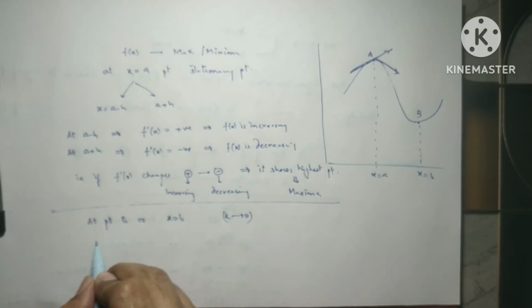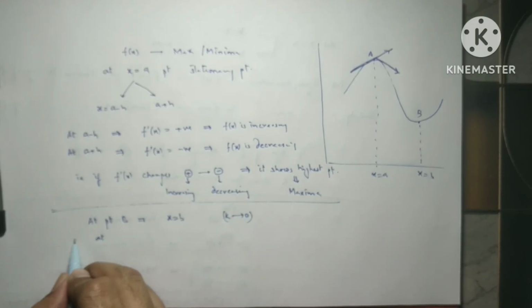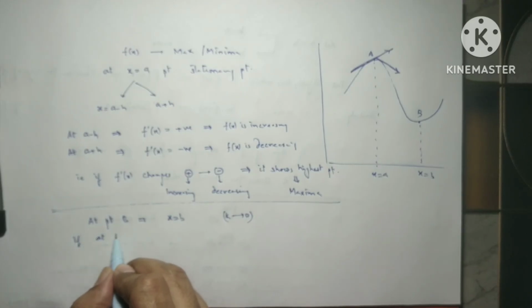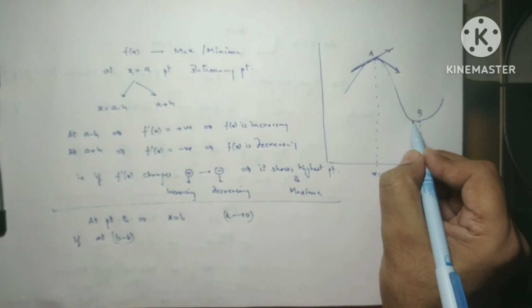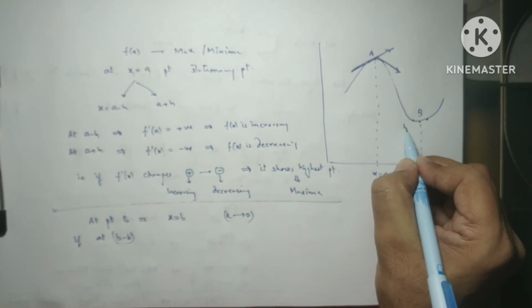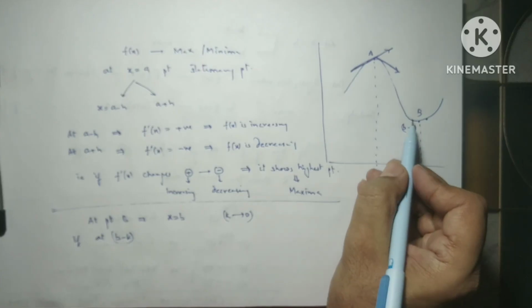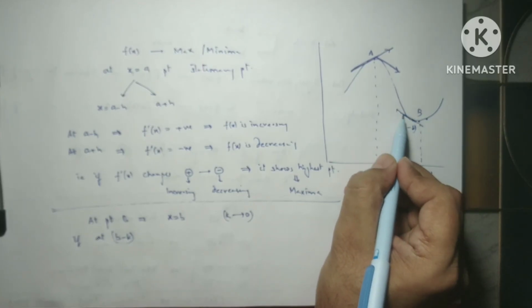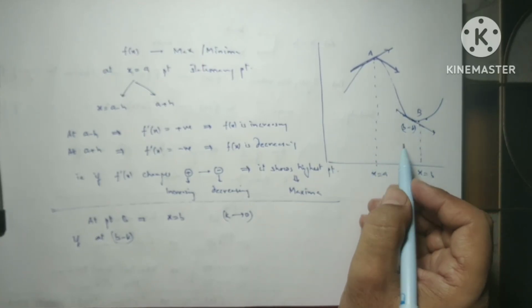So at B minus K, when we draw a tangent, it is decreasing, downward.